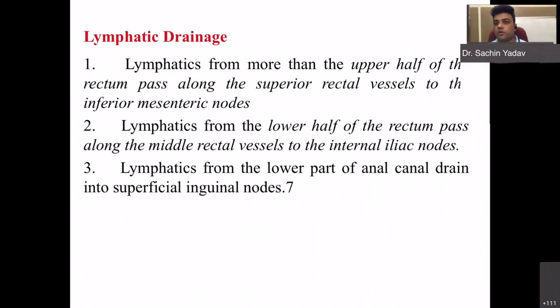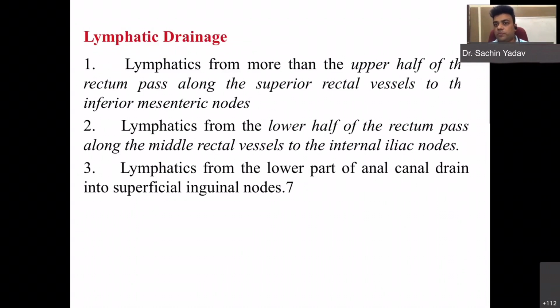Lymphatic drainage from the upper half of the rectum passes along the superior rectal vessels to the inferior mesenteric nodes. And lymphatics from the lower half of the rectum pass along the middle rectal vessels to the internal iliac nodes. The same, because the lymphatics are carried along the vessels.